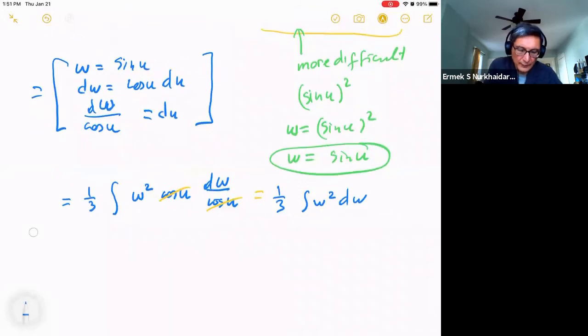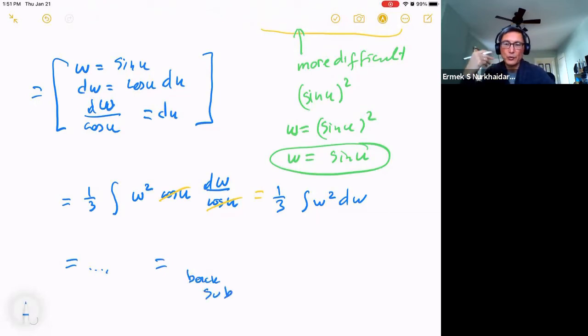So I'm going to put those here. Do back substitution. And make sure that you actually do back substitution twice. You go from w to u, from u to x. Back substitution twice.